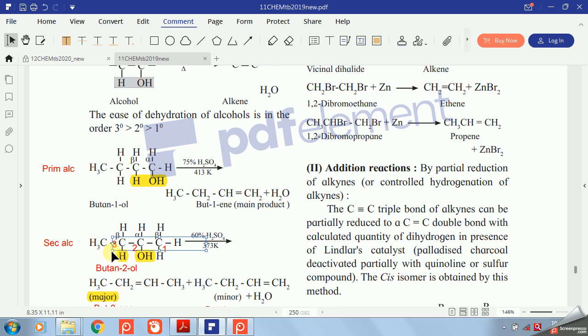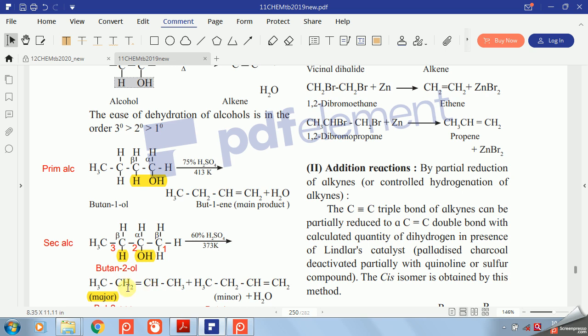So if you remove the hydrogen from the carbon having fewer hydrogens, here 2 hydrogens are present, but if you remove 1 hydrogen, then that carbon contains only 1 hydrogen.